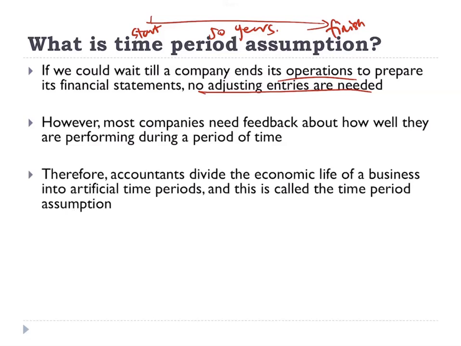That's why for accounting purposes, we usually divide the economic life of the business into artificial time periods. These artificial time periods can be in terms of months, quarters, or years. Those are totally arbitrary time periods divided by accountants.